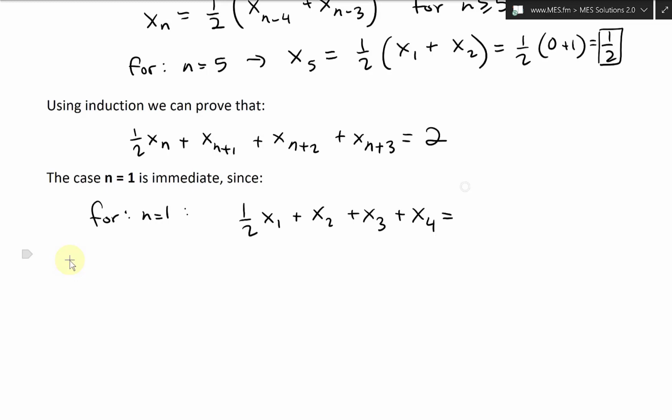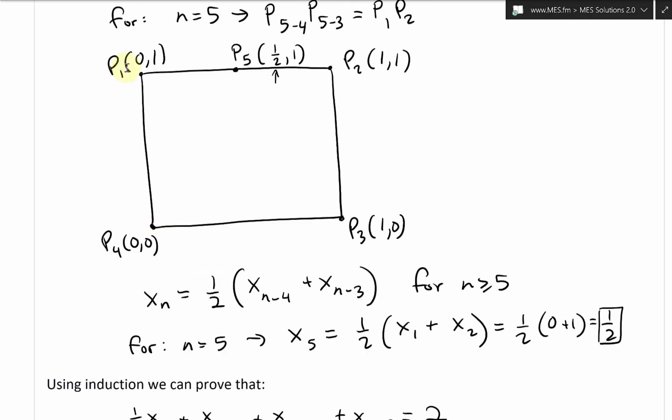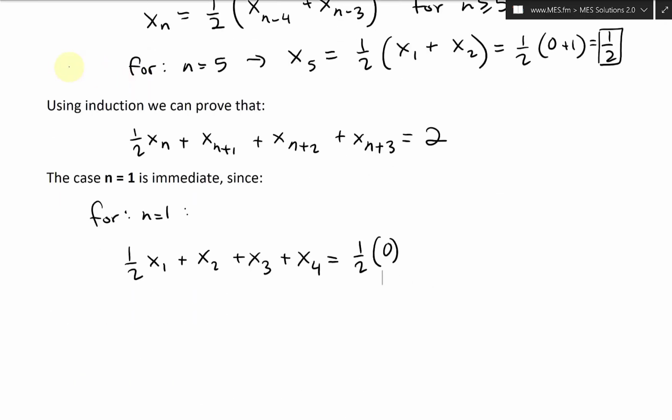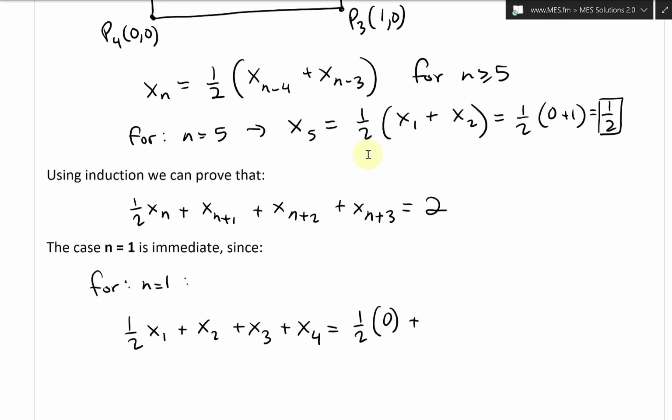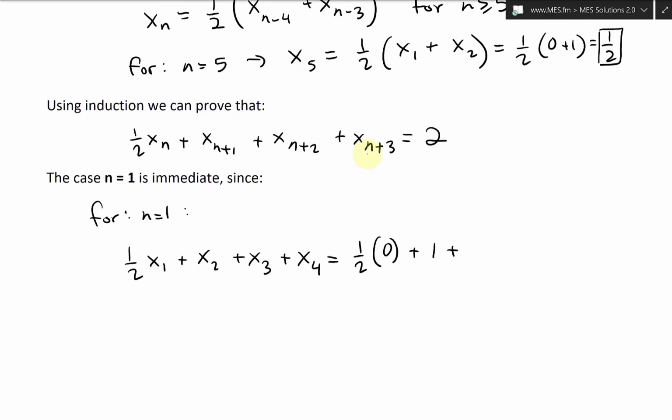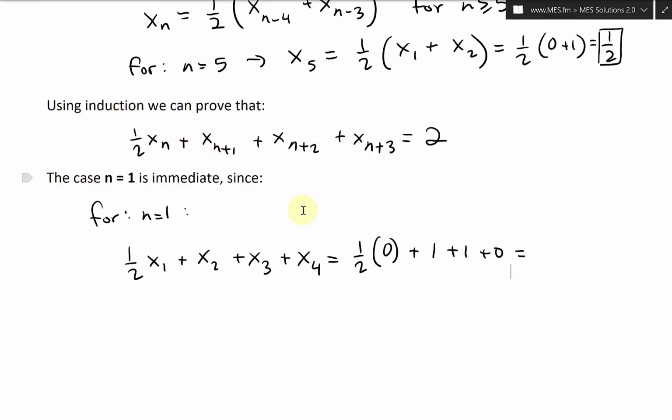Let's solve this. x1 is 0, and x2 and x3 are 1, so we get 1 plus 1, and x4 is 0.